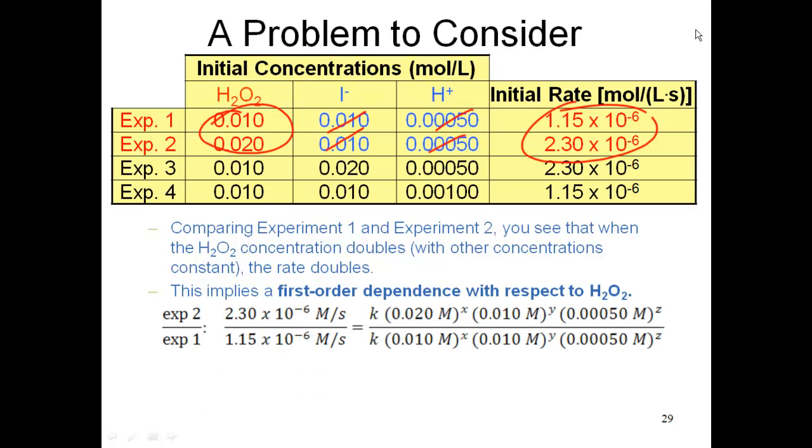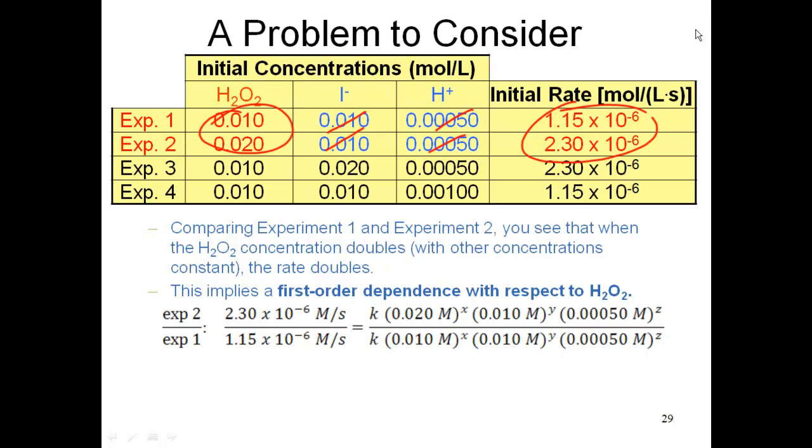Remember, I like putting the larger one on top, so I put in the data. 2.30 times 10 to the minus 6 molarities per second over 1.15 times 10 to the minus 6 molarities per second equals the K's concentration of my hydrogen peroxide 0.02 over 0.01 to the X, I minus 0.1 to the Y's, and H pluses 0.05 to the Z's.